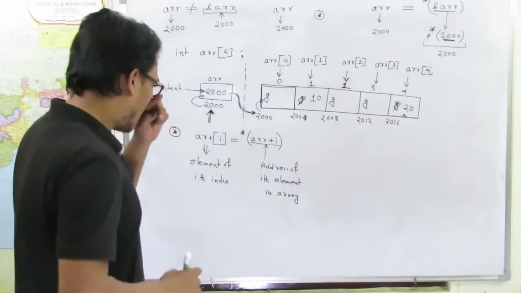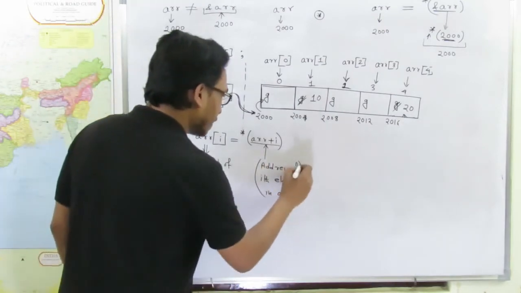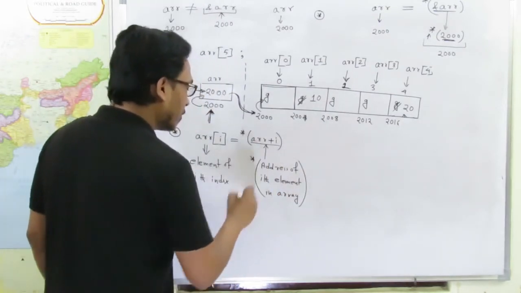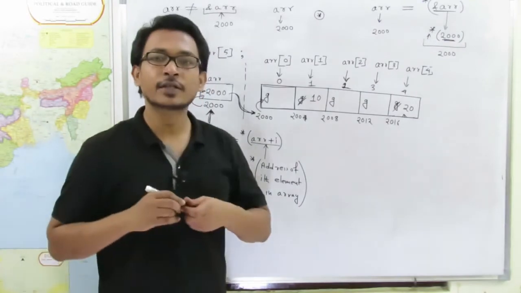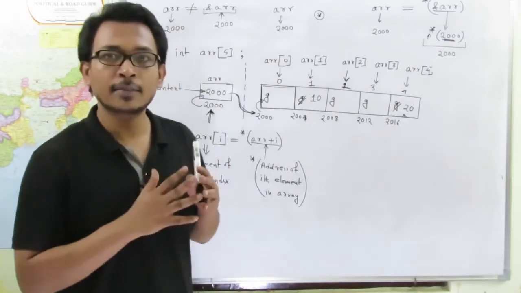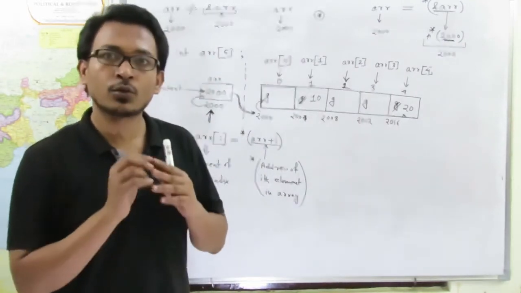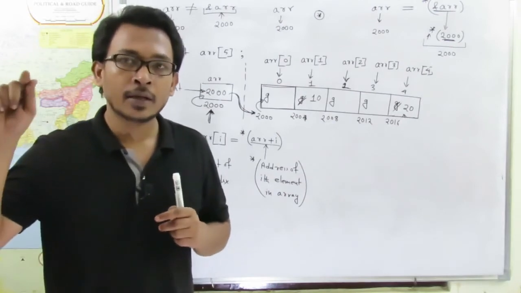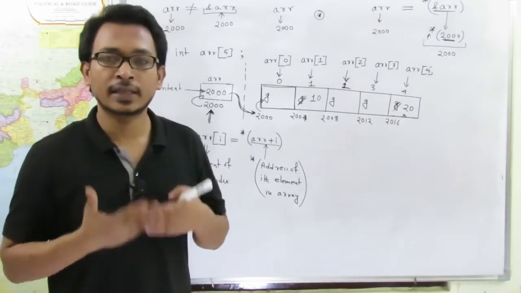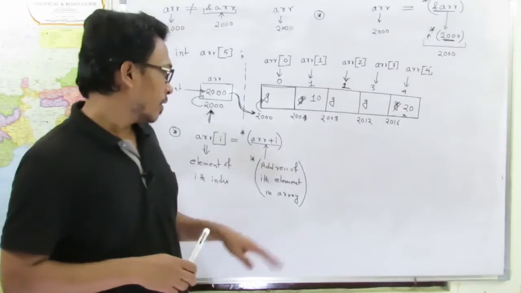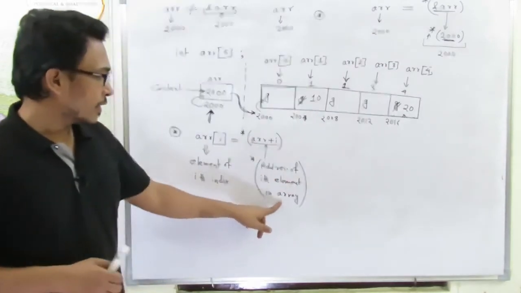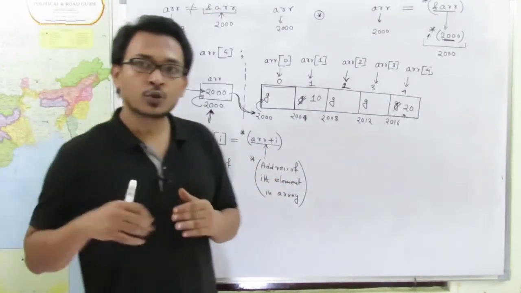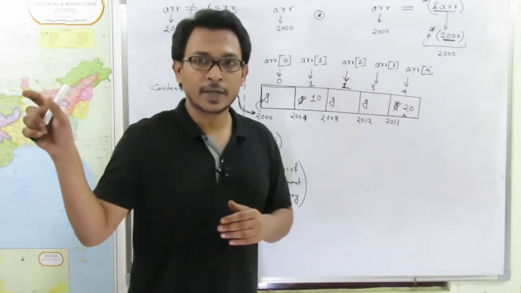Now after that we get the indirection operator, and we already discussed that whenever the system gets any address, at that time the system will reach that particular memory address and wait for the next instruction. Now after getting this address of the ith element, the system will reach the base address of the ith element. Clear?